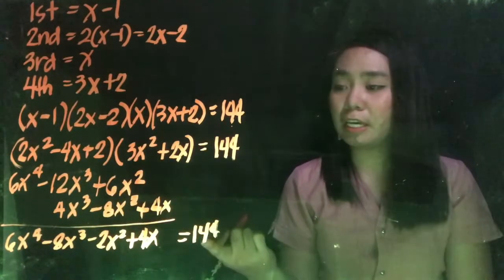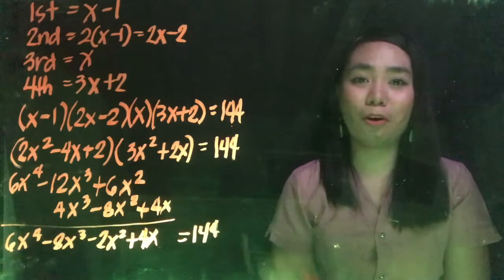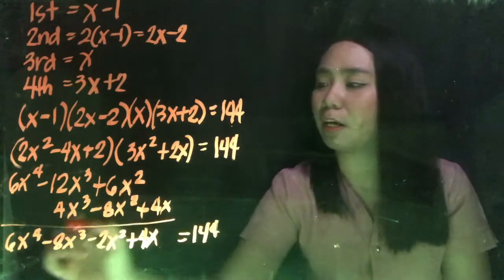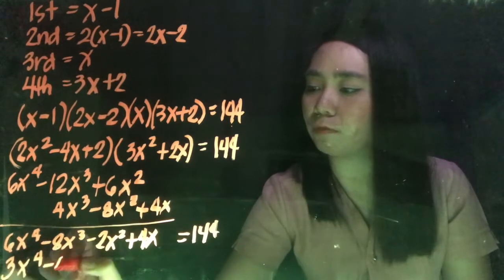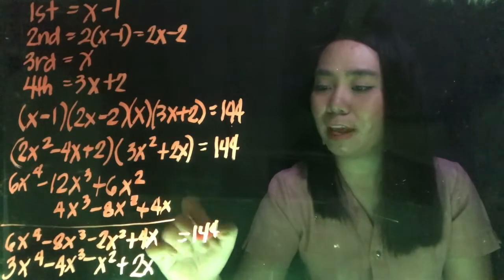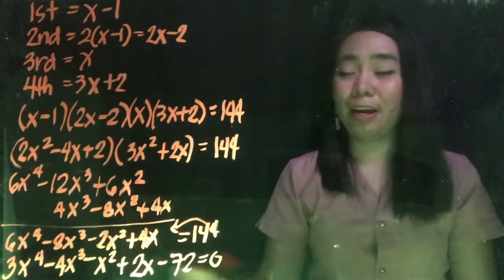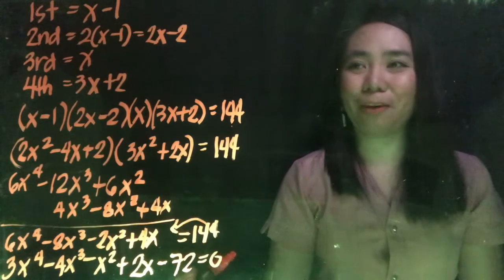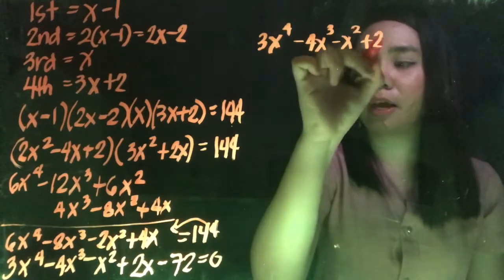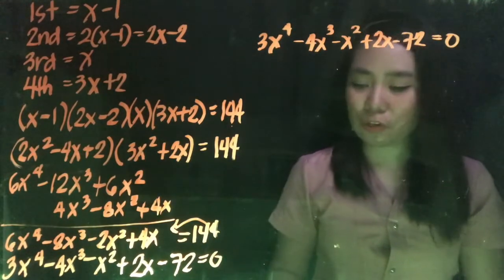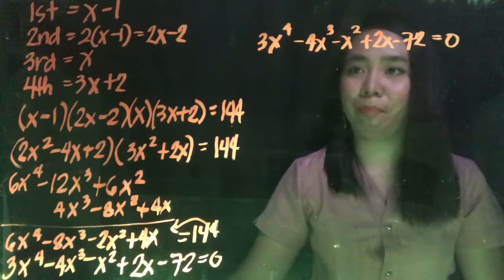However, we can see here that everything is divisible by 2. So divide everything by 2. Rewriting now our working equation. Again, let's use your rational root theorem.